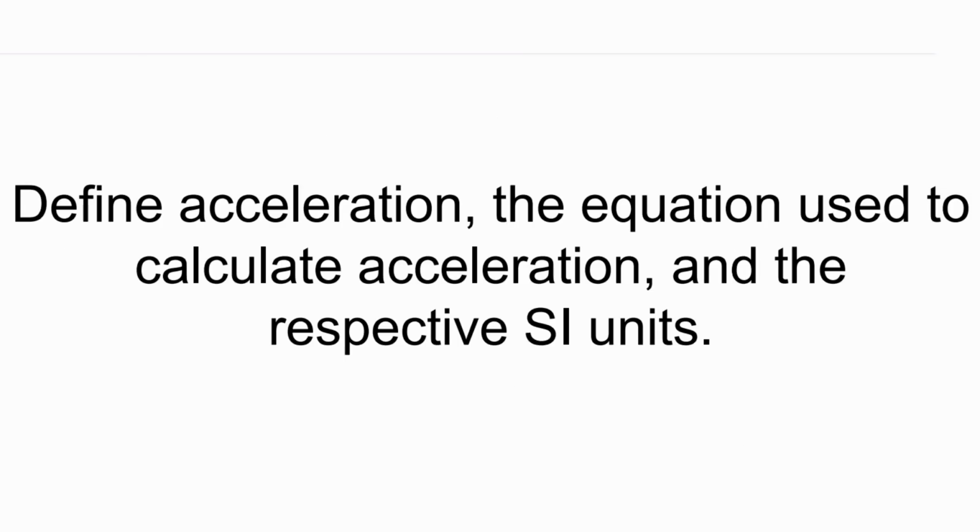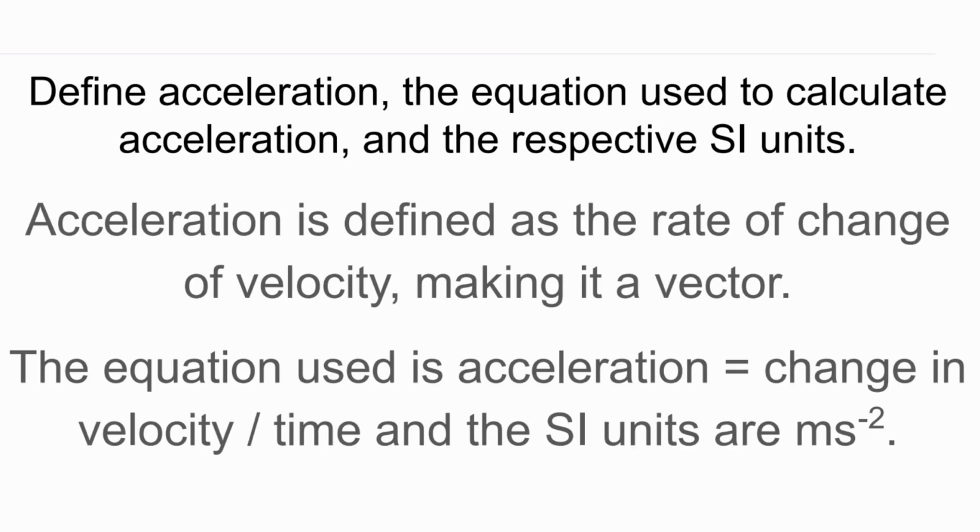Define acceleration, the equation used to calculate acceleration and the respective SI base units of acceleration. Acceleration is defined as the rate of change of velocity, making it a vector. What does it mean? It means that acceleration also has a direction.